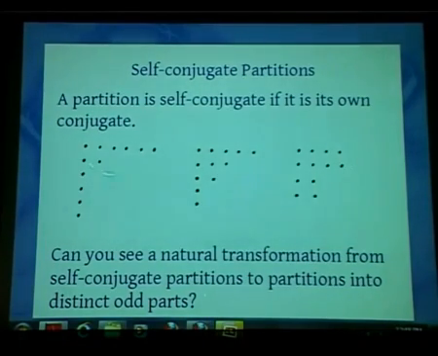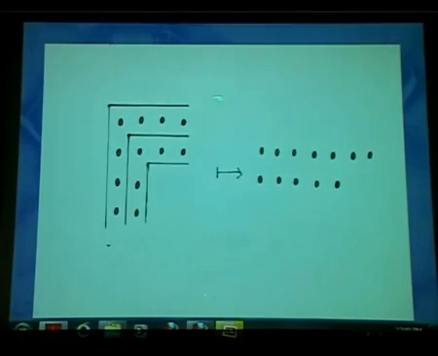So in the self-conjugate partitions, the number of elements here is the same as the number of elements there, that means they are symmetric on the diagonal. So now we use this fact. What I am doing is taking the first row and stretching it out, and taking the second row and stretching it out again.